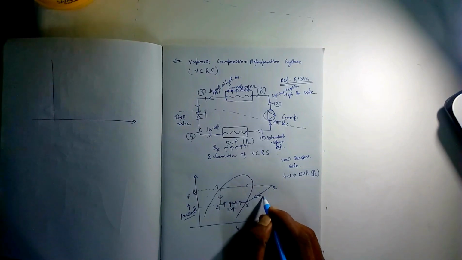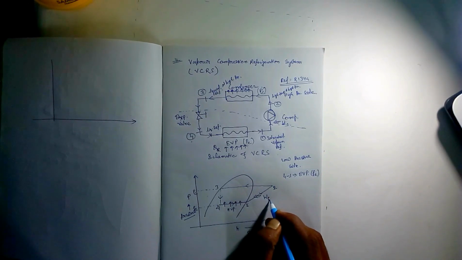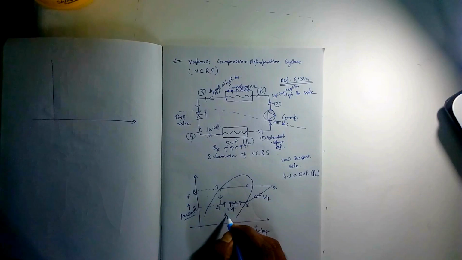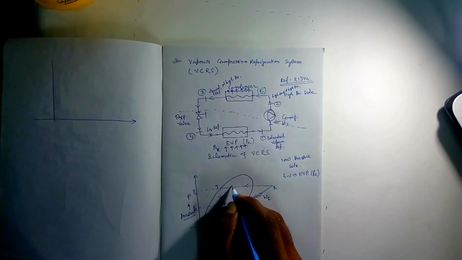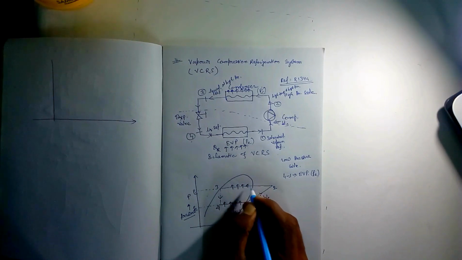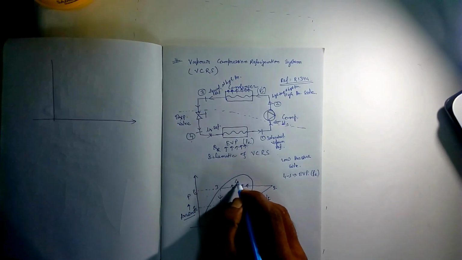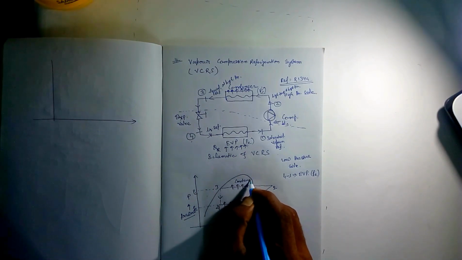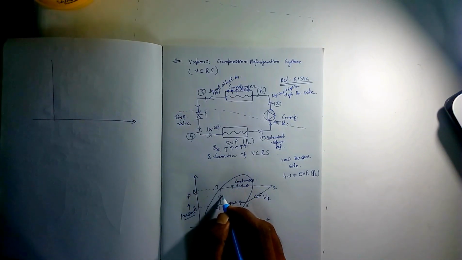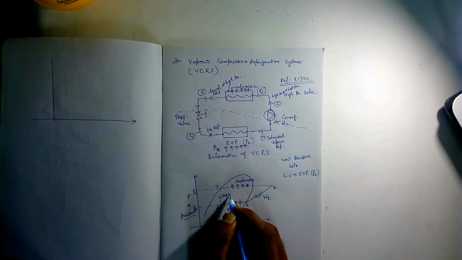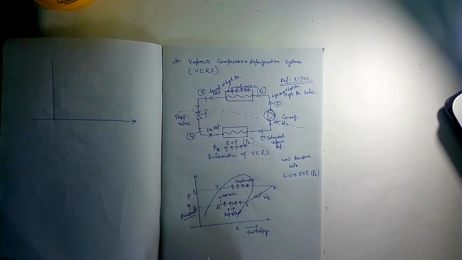We provide work of compression here. This is the refrigeration effect. This is the heat rejection, condensation in the condenser. This is the condenser, this is the compressor, this is the expansion valve, and this is the evaporator. In this way the cycle is complete.